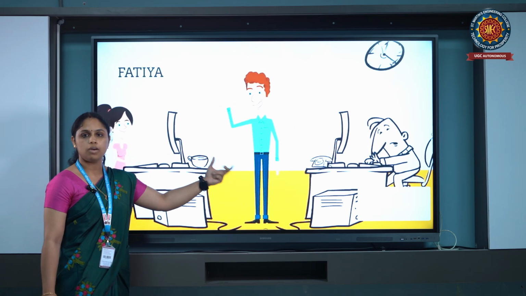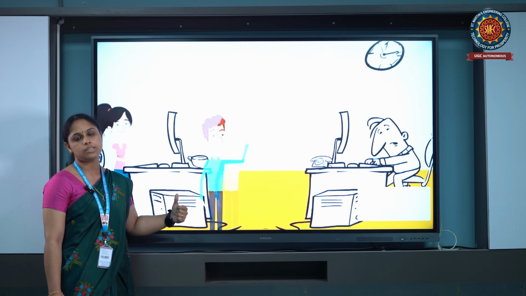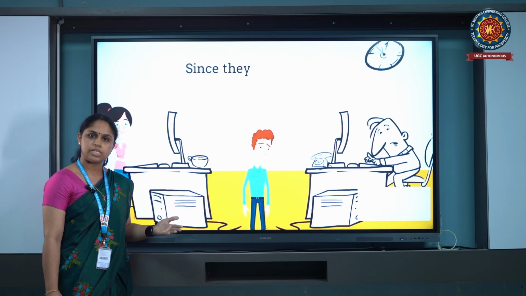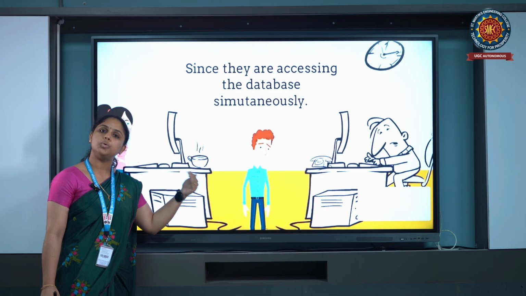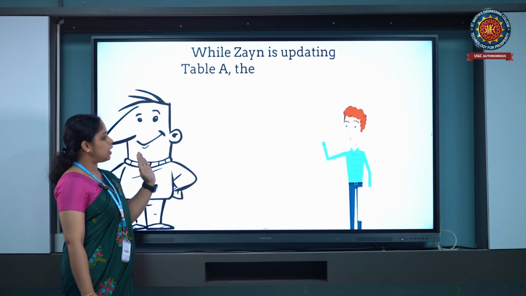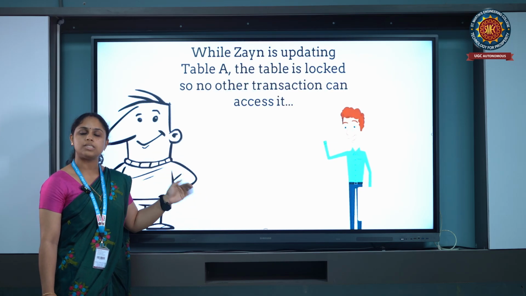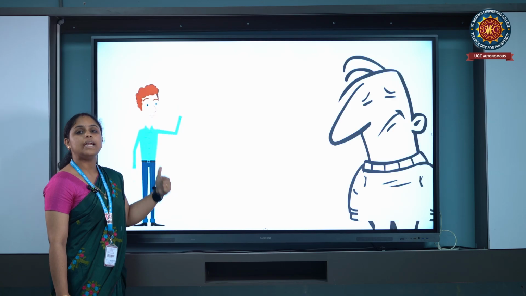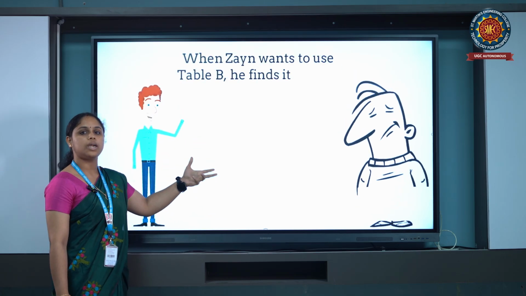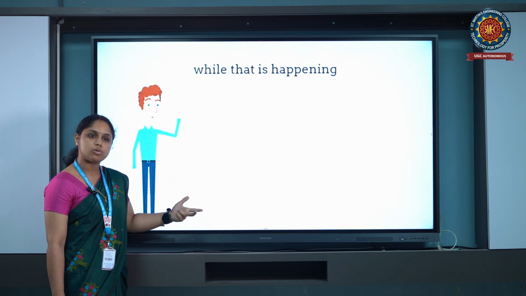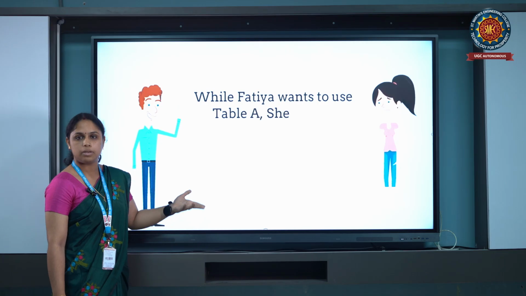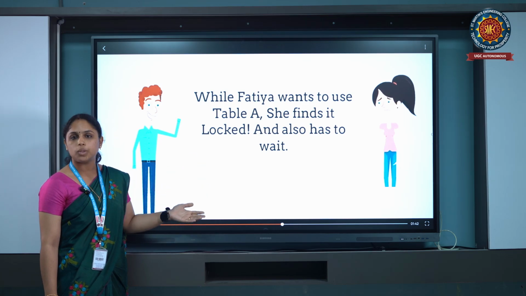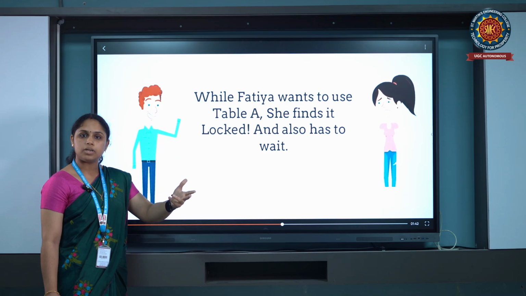A database always contains a number of tables, so we can say there are two tables, table A and table B. Zain is working on table A, and while he is working, that table gets locked, so no other person can edit table A. Just like that, Fatih is working on table B, so table B is also locked, and no other person can edit table B. But both persons want to continue their editing, and the other tables are now blocked.